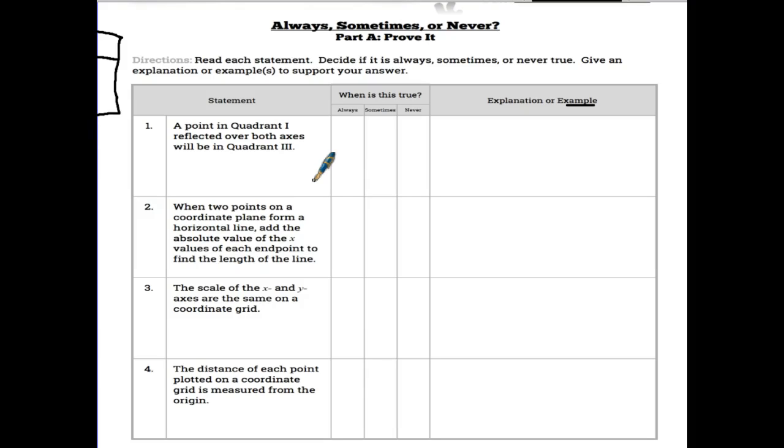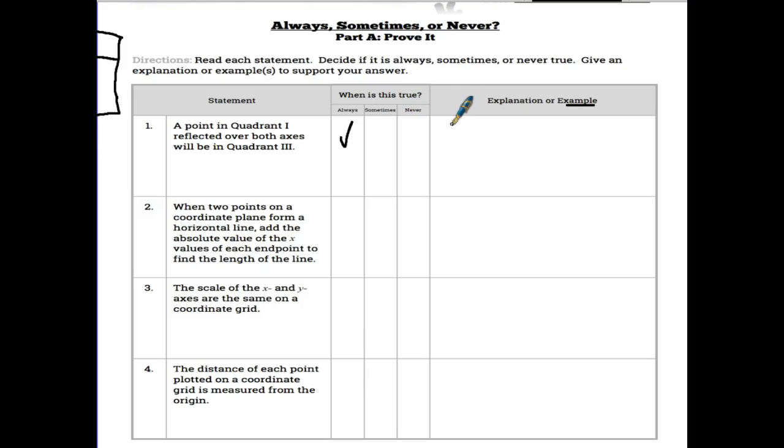And if you said that it was always true, that you would have a point in quadrant 1 that would be reflected in quadrant 3, you are correct.